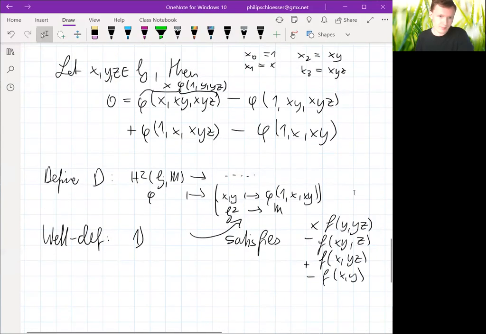No, that can't be true. Okay, I was again giving the wrong map. But if we write our identity here in terms of this function here, then I guess we can just rewrite this condition here.